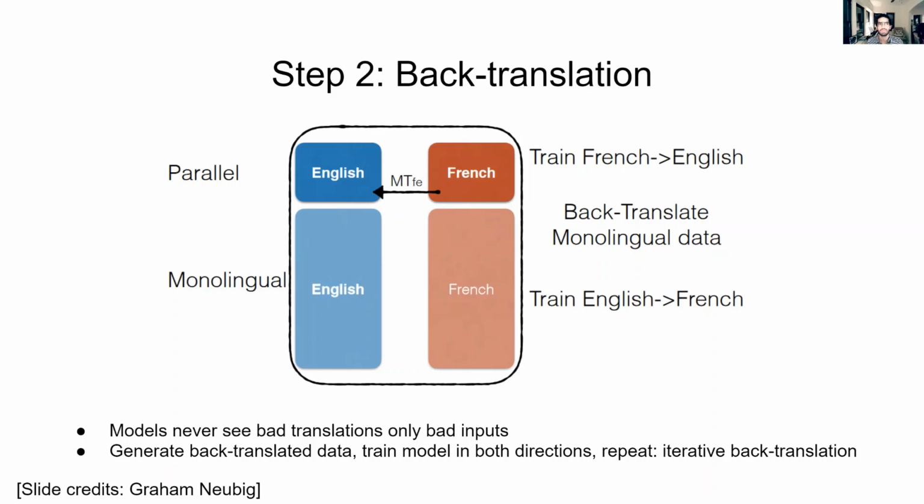That's why you're improving the quality of your translations from the model which is trained from that augmented data. So this iterative back translation is used to improve the accuracy of your model. So we'll see now how we can use initialization and this back translation to do unsupervised MT.